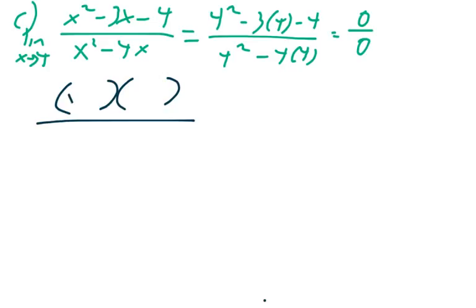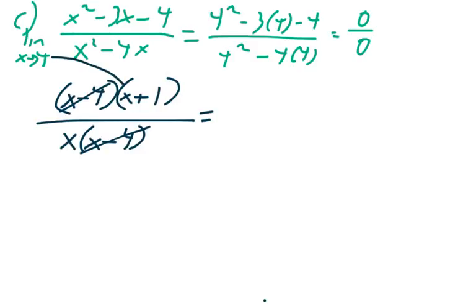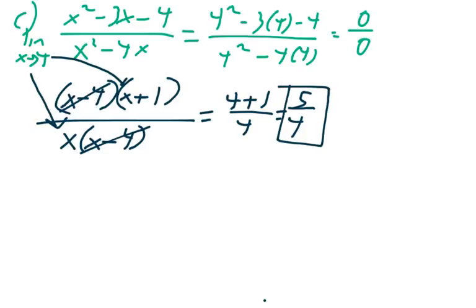So two numbers that multiply to be negative 4 and add to be negative 3 would be negative 4 and positive 1. On the bottom, they both have an x in common, so we factor out an x, and we have x minus 4. So now I'm going to take this 4 and plug it into both places. So I got 4 plus 1 divided by 4, which is 5/4.